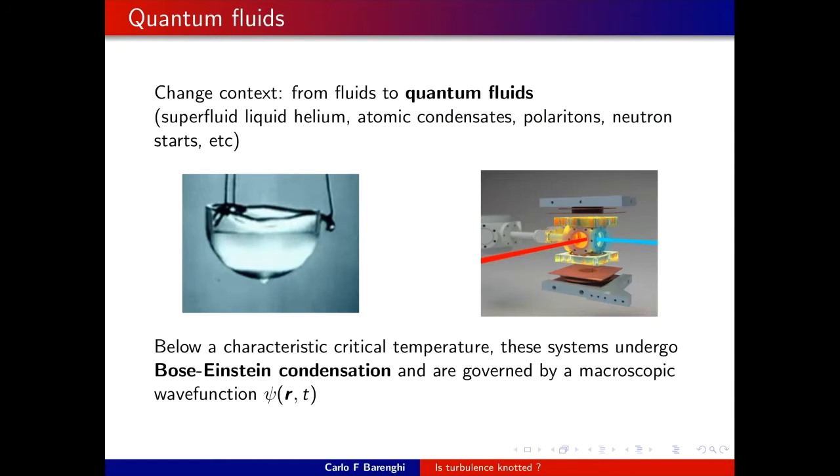And then we have discovered many more quantum fluids. We just want to mention polaritons, which is essentially light coupled to two-dimensional excitations in a solid. There are also neutron stars, etc. But I want to tell you something mainly about superfluid helium, because in this context we have more information.